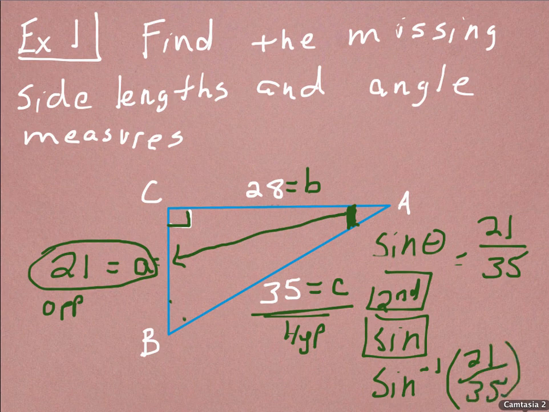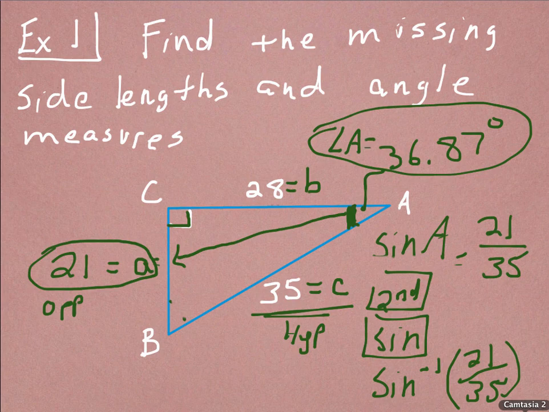So I'm going to do that on my calculator to find my angle A, because that's the angle I'm trying to find right now. I need to label that angle A. Second sine, 21 divided by 35, it should work. I get 36.87. So angle A is 36.87 degrees.